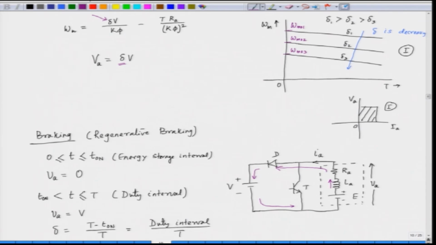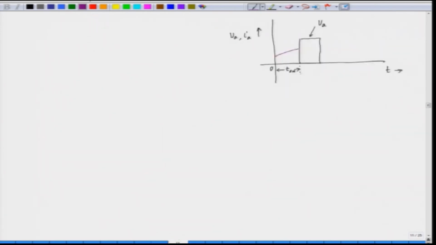So, the current decreases here because it has to flow against a voltage. So, the value of the current gradually reduces exponentially. So, this reduces like this. Again the cycle repeats after T on. It is a periodic waveform.